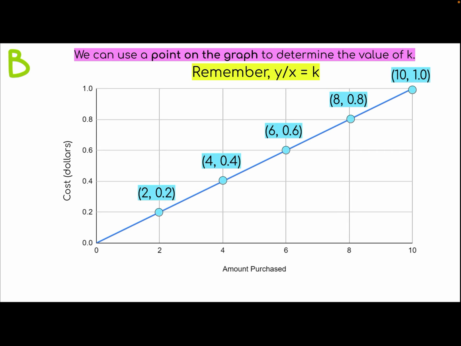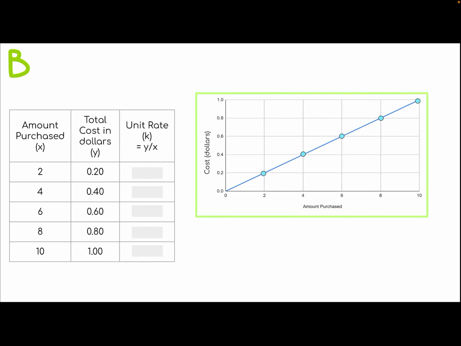So you could take the first ordered pair of 0.2 divided by 2, or 0.4 divided by 4, 0.6 divided by 6, 0.8 divided by 8, or 1 divided by 10. Either way, you get a k value of 0.1 or 10 cents. And it's the same amount for every one of those ordered pairs.